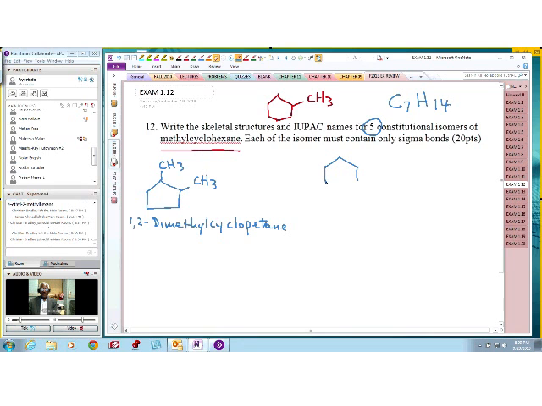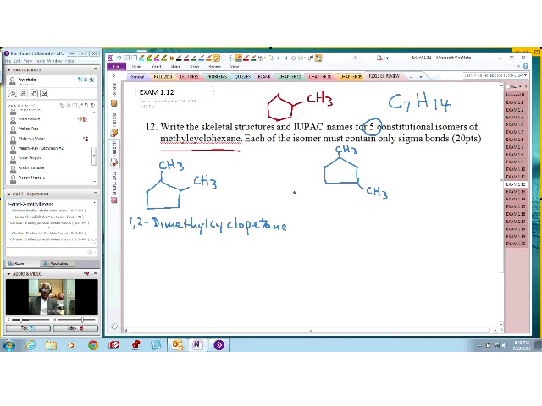Keep in mind, whenever you are drawing constitutional isomers, these are compounds with the same molecular formula, but with different attachment of the atoms. In this case, we could place a methyl here, and another methyl here. So that would be another constitutional isomer of this molecule.